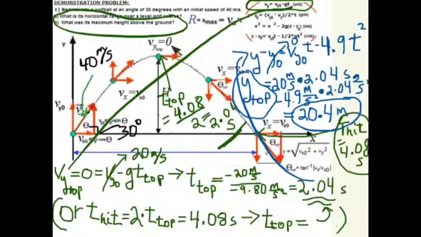We could have also done this by using the time not known equation. That would be Vy top squared is Vy naught squared minus twice the acceleration of gravity times the y displacement, and we could have solved for the y displacement, and we would have gotten also 20.4 meters. And that's it.